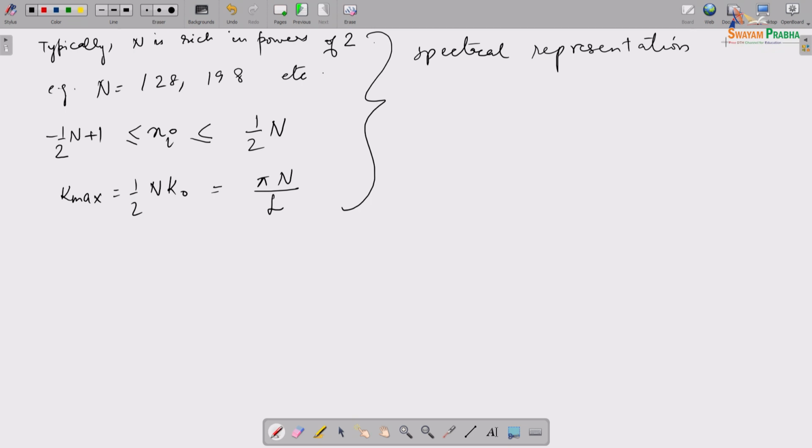This is the spectral representation of the velocity, and this is actually similar to representing the velocity in physical space, right, of n cube grid spacing, right. So this is similar to representing it in physical space, right.